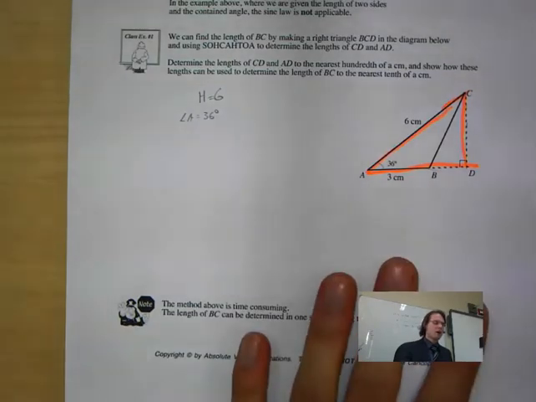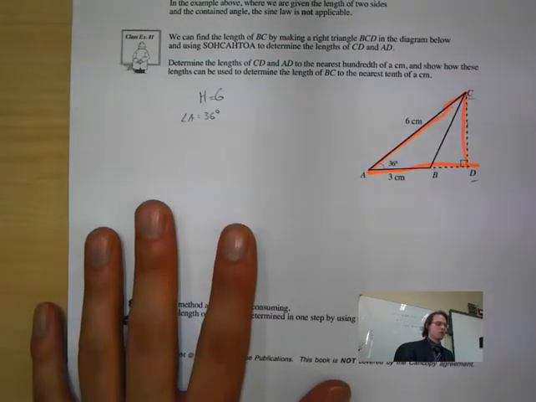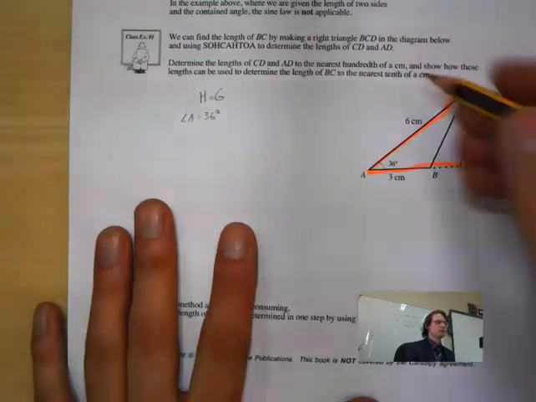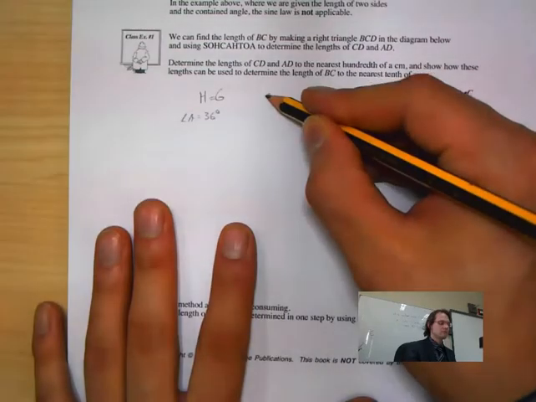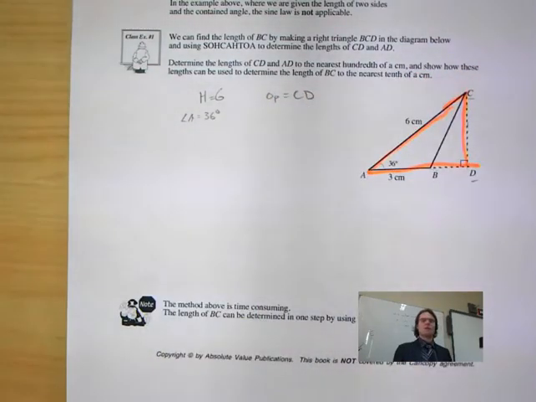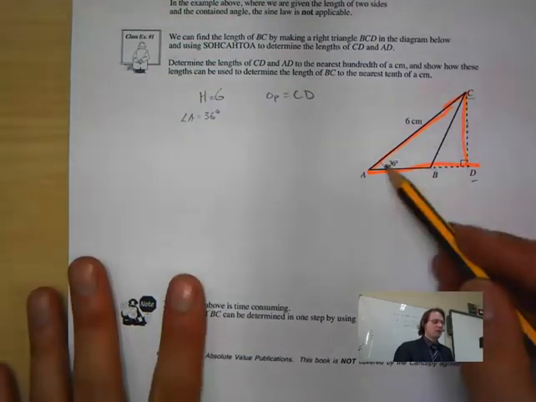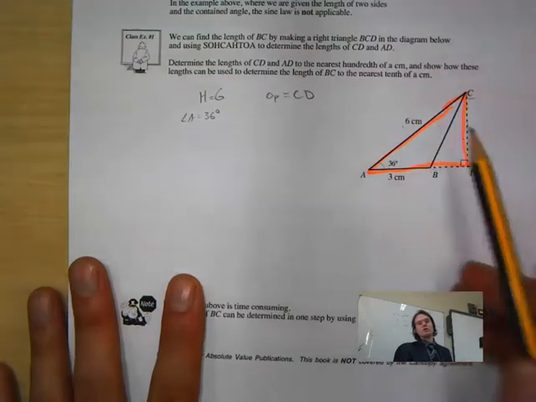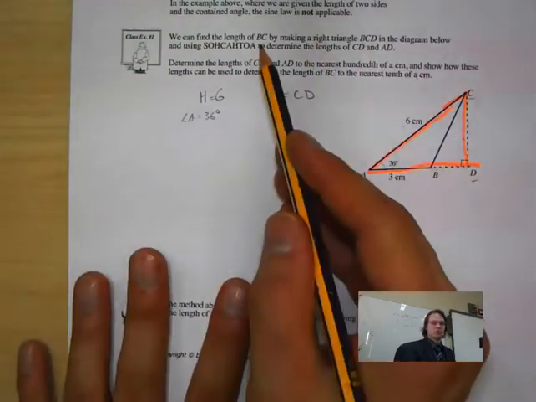But because of that, I could find CD, which is my opposite of 36. So let's try and find what CD is. So if 36 and the opposite is CD, and we know the hypotenuse, we're going to use sine from SOHCAHTOA.